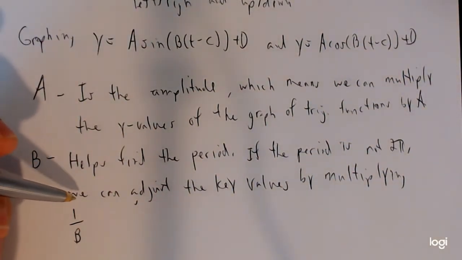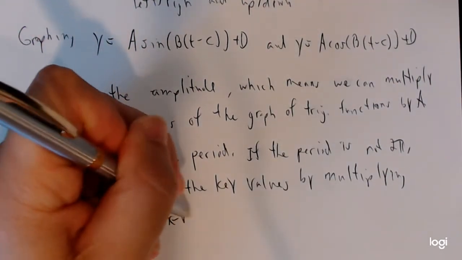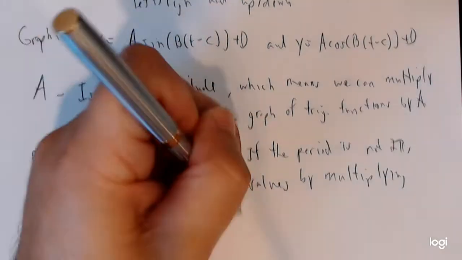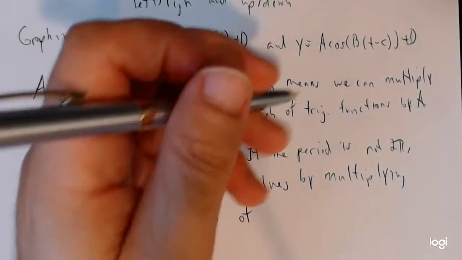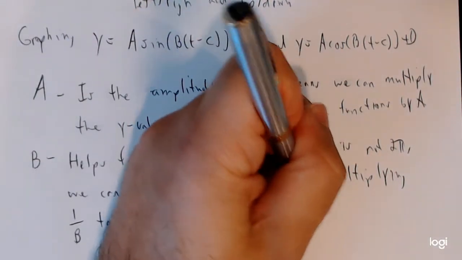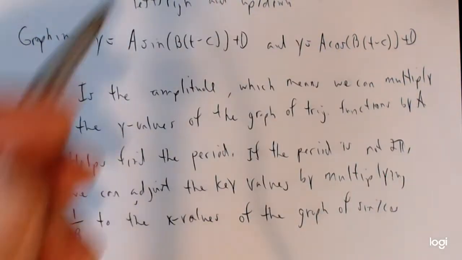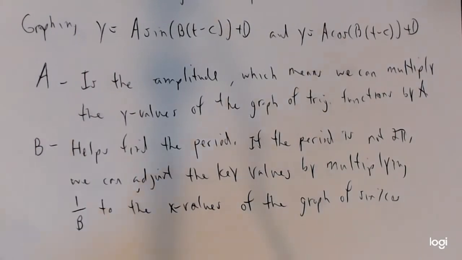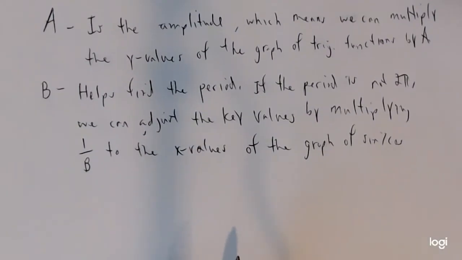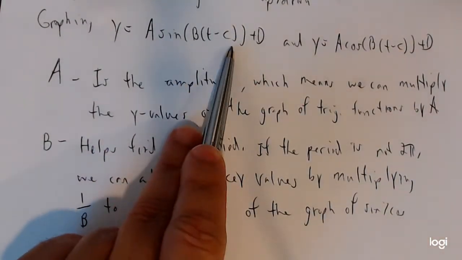So we multiply 1 over b to the x values of the graph of sine or cosine, depending on which function we're graphing. So a and b, nothing new, because we did that last section. We start from the most basic trig function, like sine or cosine, and then create what we need to create.